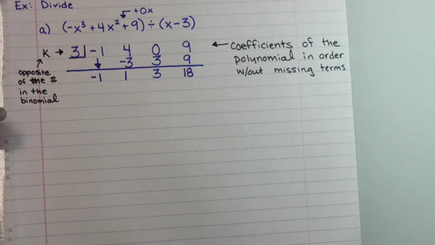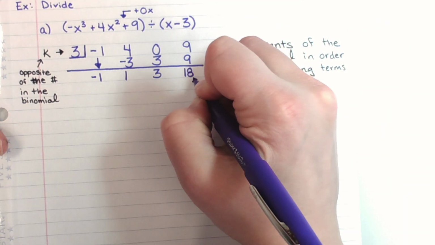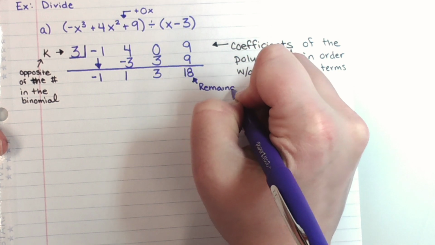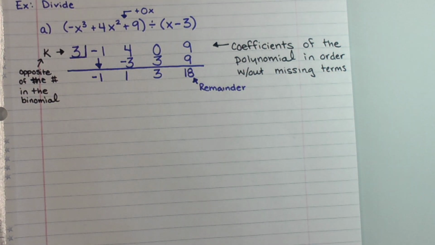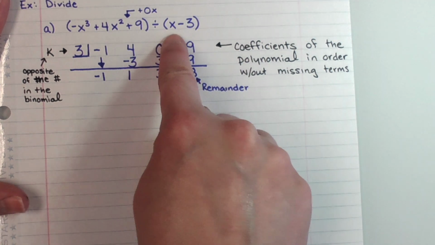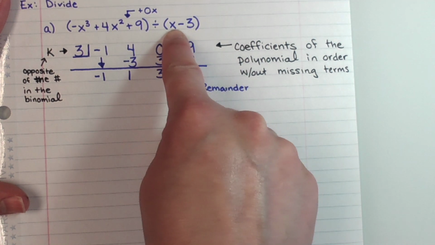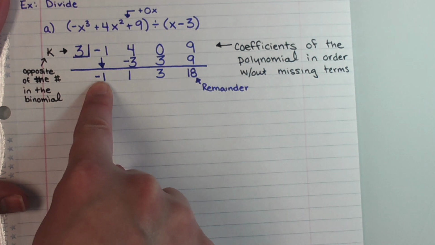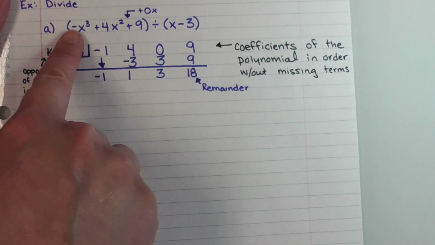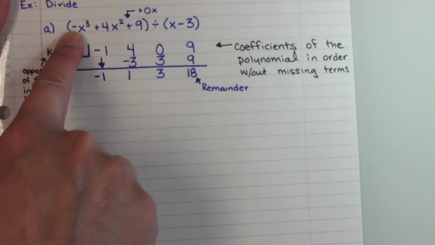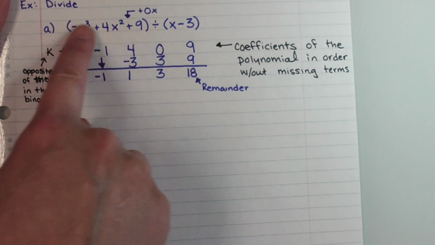When you're doing synthetic division, the last number that you get references our remainder. The rest of the numbers represent the constant and the coefficient of the variables. Now, because of the fact that what we divide by always has to be 1x to the power of 1, not only is the first number going to be the leading coefficient of what it was, the exponent always has to be exactly 1 smaller than this.